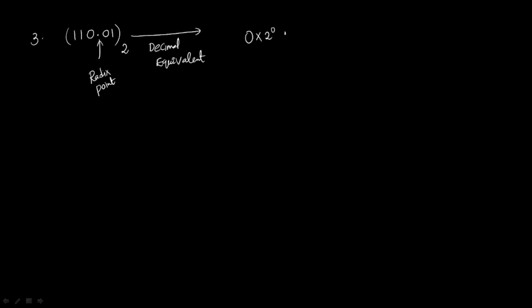So 0 into 2 power 0, plus for 1, the weight is 2 power 1, plus for another 1, 1 into 2 power 1. So this is related to the integral part. The part before the radix point is called the integral part, and the part after the radix point is called the fractional part.